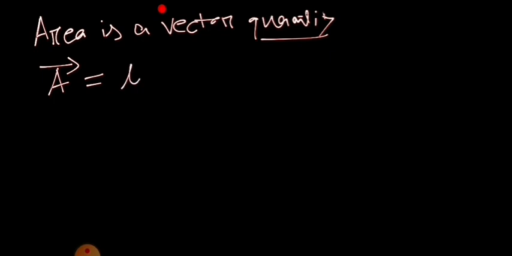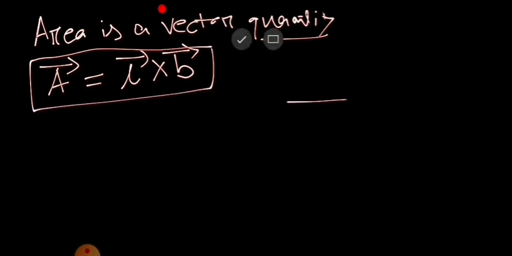So here we saw it depends upon the area, and area we know is a vector quantity. How do we calculate the area vector? The area vector S is the cross product between the length vector and the breadth vector.